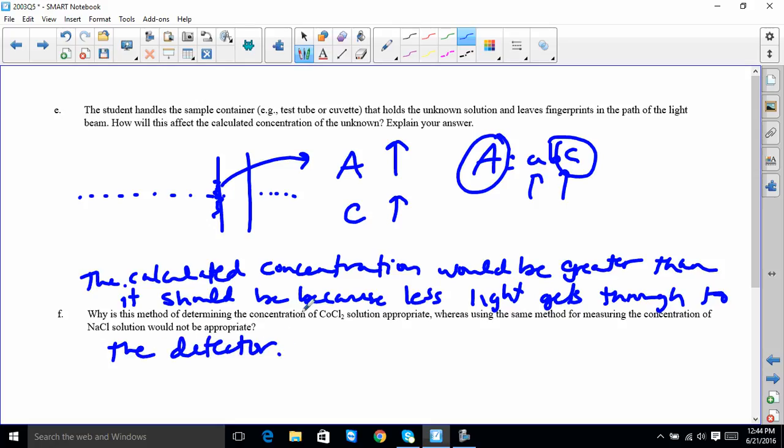If you look at the scoring guidelines, it'll say something like more light is scattered.